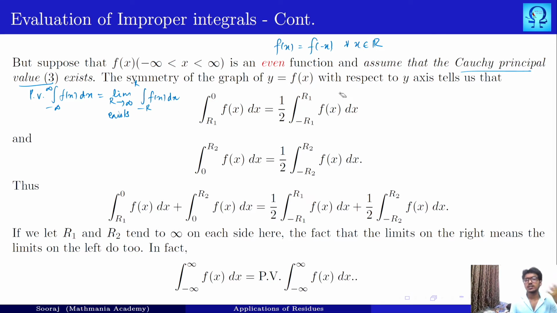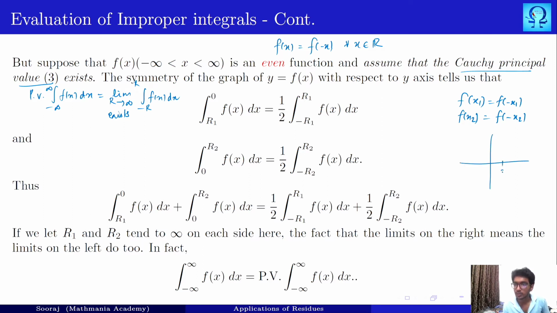Whenever a function is even, f of x1 is the same as f of minus x1, and f of x2 is the same as f of minus x2. This is true for all the points. When you plot the graph of the function, if this is my x1, then this is going to be my minus x1.